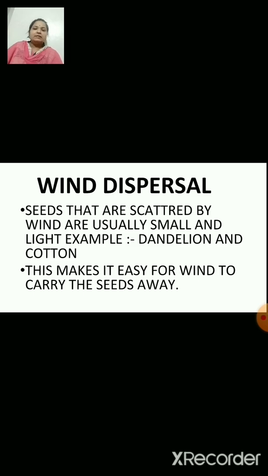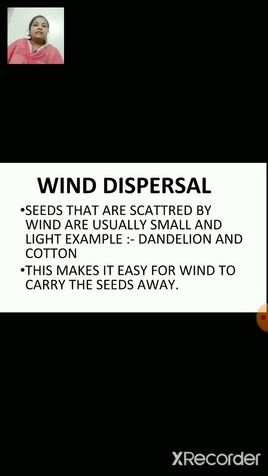The seeds that are scattered by wind are usually small and light, such as winged seeds of maple that spin and helicopter in the air, and the feathery seeds from the dandelion that can catch on a free breeze.